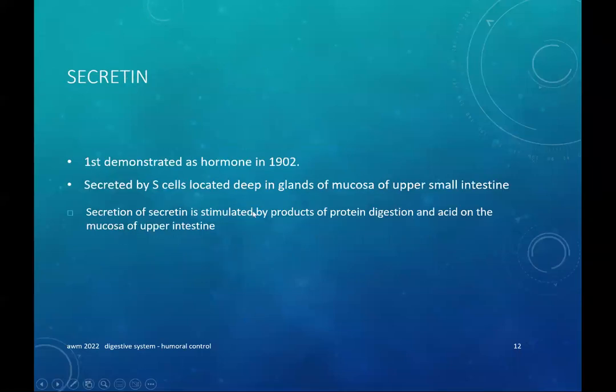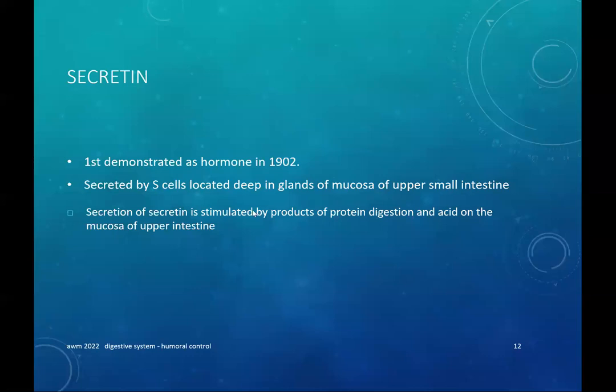Now, secretin is the next one, the next peptide. And secretin was actually the first of the peptides from the gut that was demonstrated to act as a hormone. And this was in 1902. So it was one of the very, very earliest, and people were very excited. And secretin is secreted by S cells, which are located in the glands of the upper small intestine.